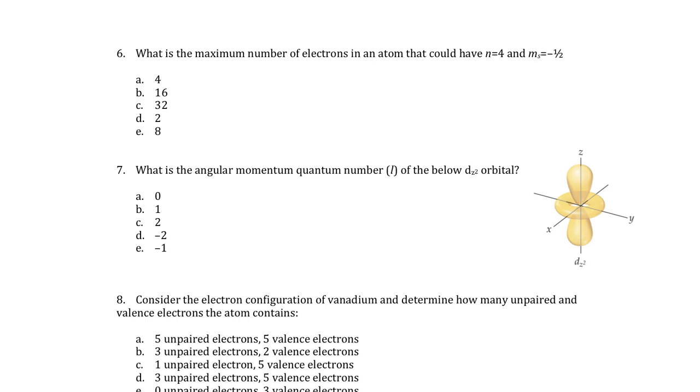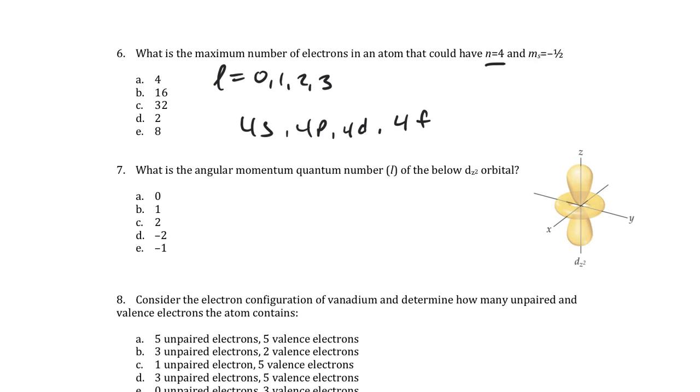Okay, question 6: what is the maximum number of electrons in an atom that could have n = 4 and m sub s = minus a half? Another trivia style question. So n equals 4. The n equals 4 shell could have l equals 0, 1, 2, or 3, the range of l values possible when n is 4. So we could have the 4s, 4p, 4d, and 4f subshells.